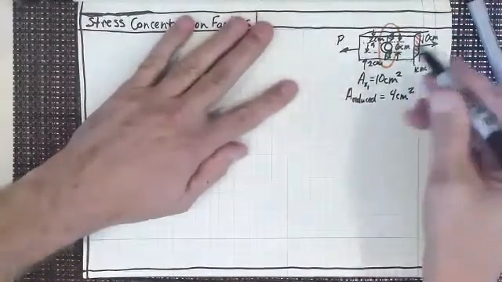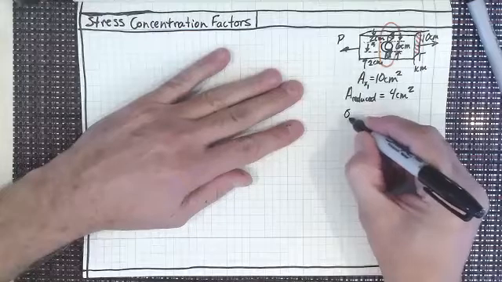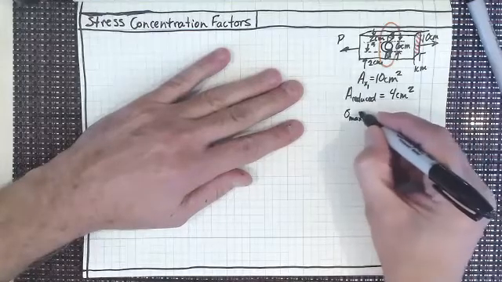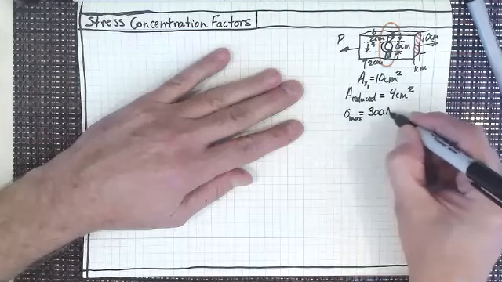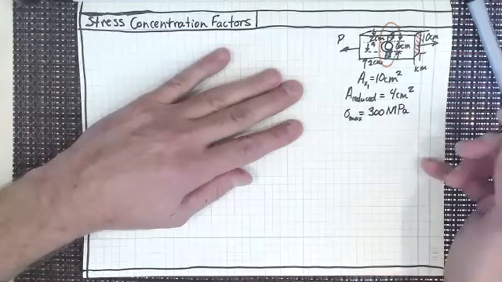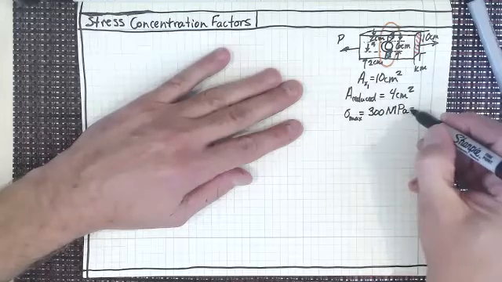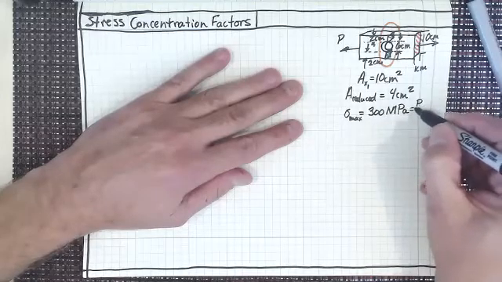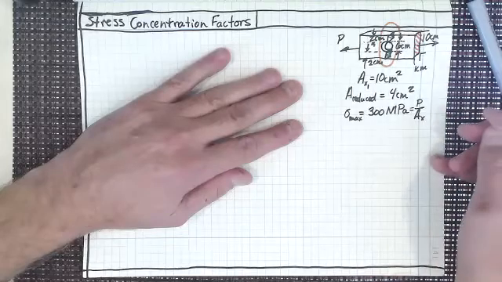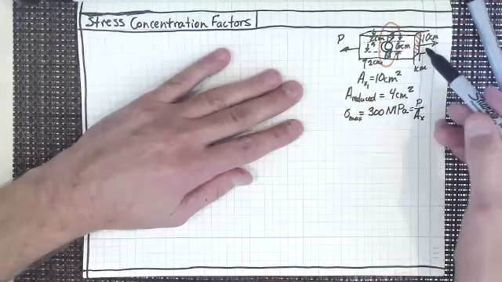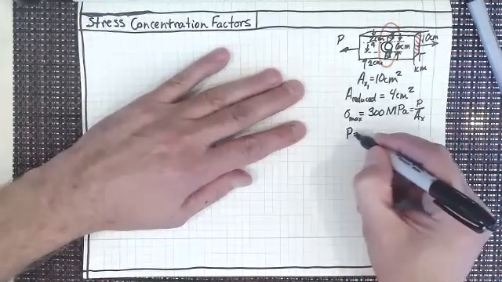Well, let's say that the material that's in here, that the maximum normal stress on that material is 300 megapascals, right? And we know that this is just going to equal the force that we put on it divided by the cross-sectional area. So if I was to use this cross-sectional area here, let's just use P, right?